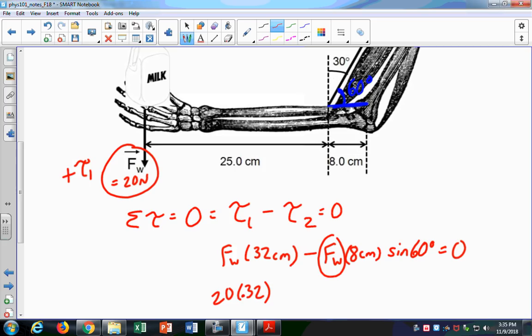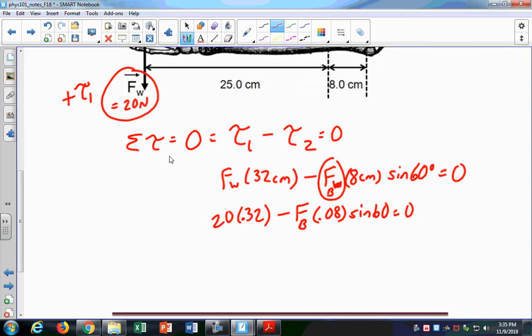Minus, this isn't FW, this should be FB, FB times 0.08 sine 60 equals 0. And then I solve for FB. That's going to be 20 times 0.32 divided by 0.08 divided by sine 60.